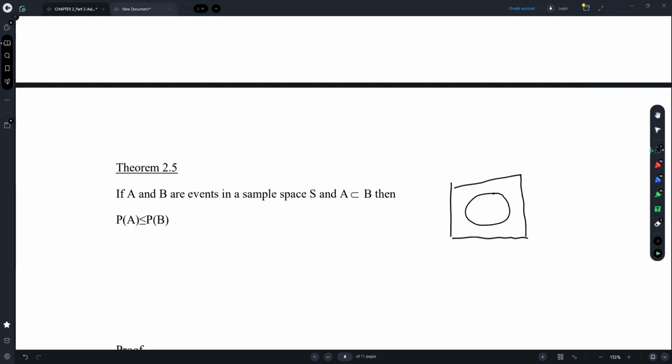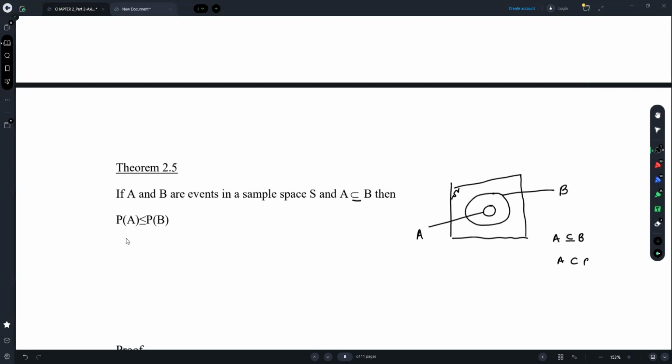Means A is contained in B, so B is the bigger one and A inside it, right? And it says the probability of A is less than or equal to probability of B. I don't think it should be like this, right? So there's a difference.